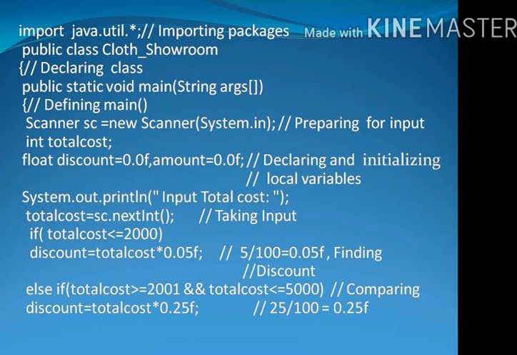Here total cost must be greater than or equal to 2001 and less than or equal to 5000. Then the discount will be calculated. If this condition is true, then only the discount will be calculated. discount = totalCost * 0.25f; that is 25 by 100.